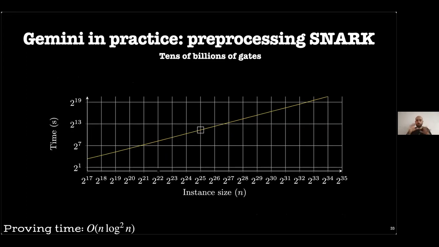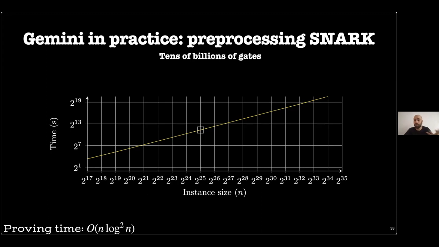I wanted to focus on one thing: despite the time being quasi-linear, with this log squared factor, at the end of the day the graph is linear, and it's linear for a reason, because the bottleneck in all of these protocols is really the commitment schemes. The group operations, the public key operations, are what take most of the time.